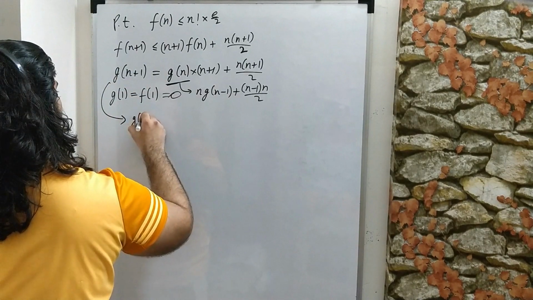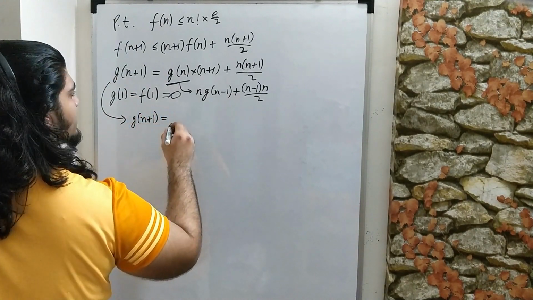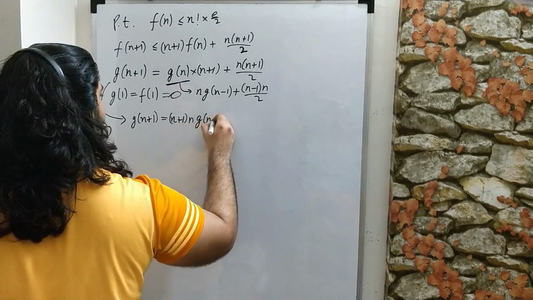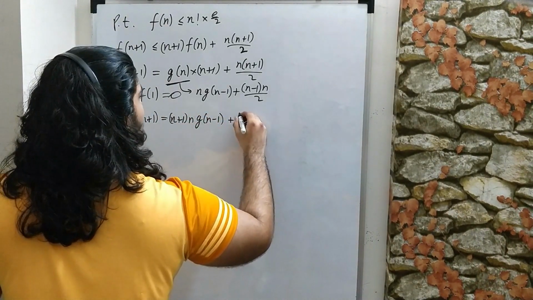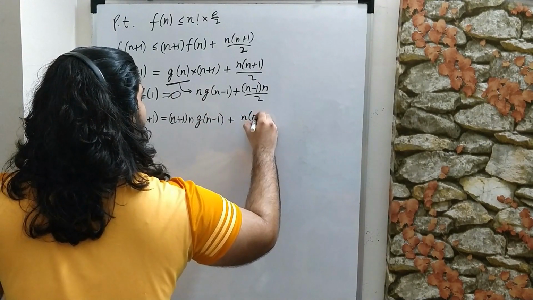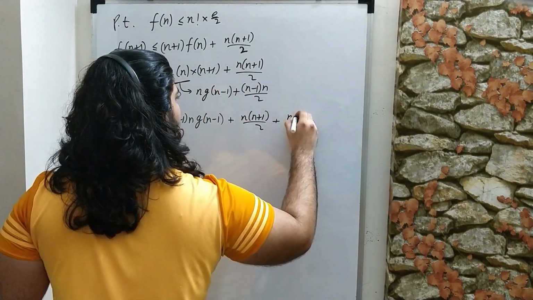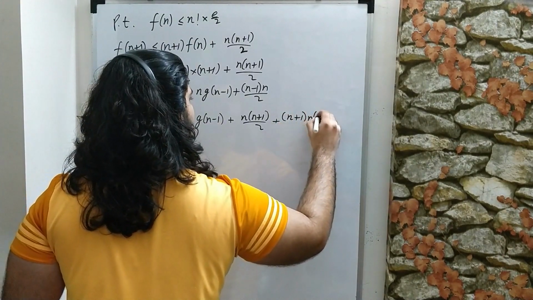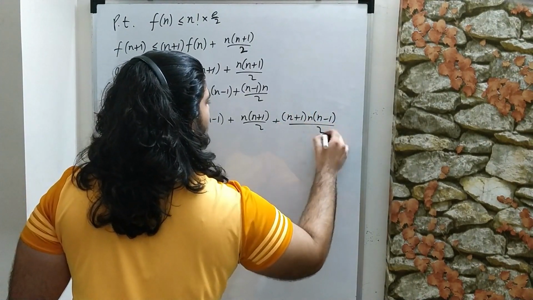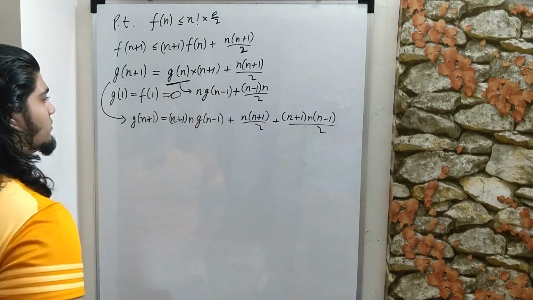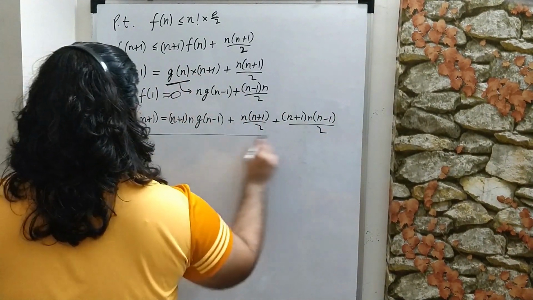So we end up with g(n+1) is equal to (n+1) n g(n-1) plus (n+1)n/2 from here, and then plus (n+1)(n-1)n/2 from here. So basically this n plus 1 gets multiplied onto this, and now we have found this expression.